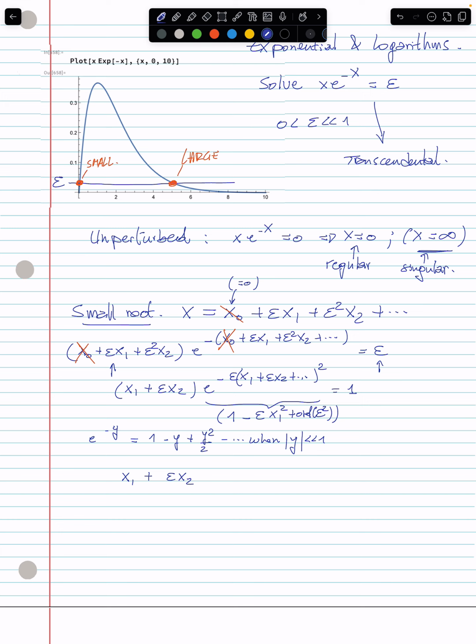And then we have minus epsilon x1 squared plus terms of order epsilon squared, and this is equal to 1. All right, so at leading order, we have x1 is equal to 1. Then at the following order, we have x2 is equal to x1 squared, which is equal to 1, and then we could keep going this way.